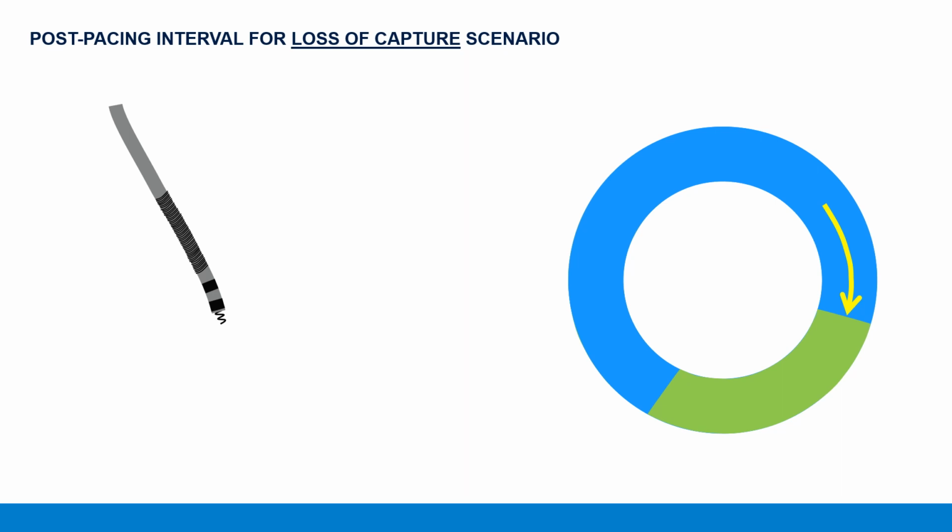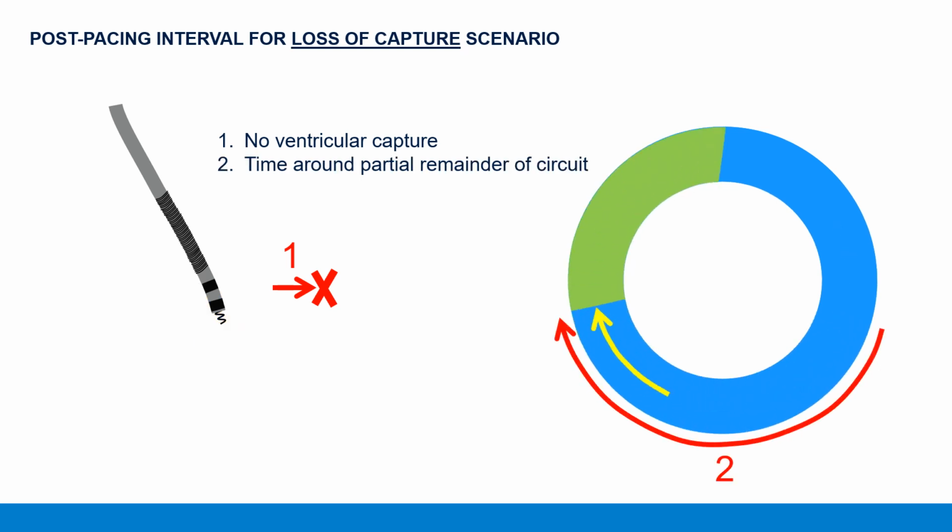In this third scenario, where the S2 beat loses capture altogether, here's what happens during that post-pacing interval. That last paced beat is refractory, and so nothing happens. There's no depolarized tissue between the lead and the circuit. Wherever the VT wavefront happens to be will continue to revolve toward the exit.